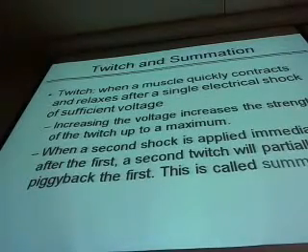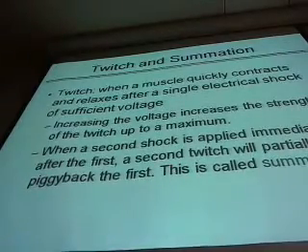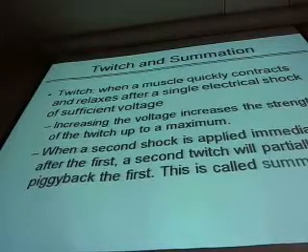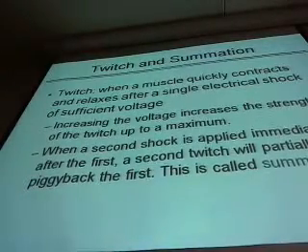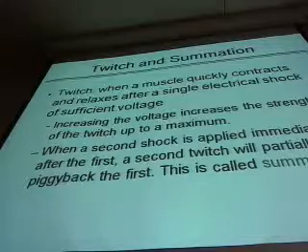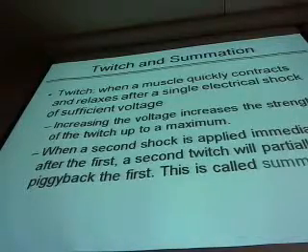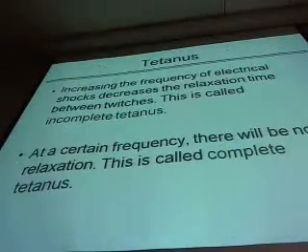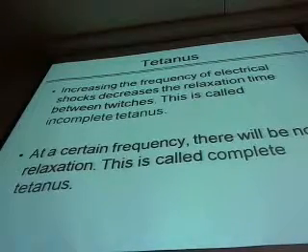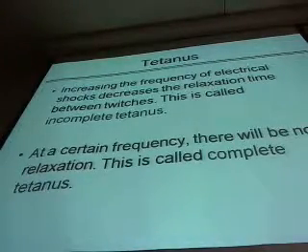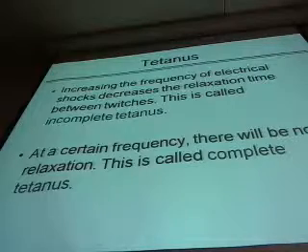When a second shock is applied immediately after the first, the second twitch will partially piggyback on the first. You keep applying the voltages, and it's summation to a point where you get up to tetanus, where the muscle doesn't have time to relax.